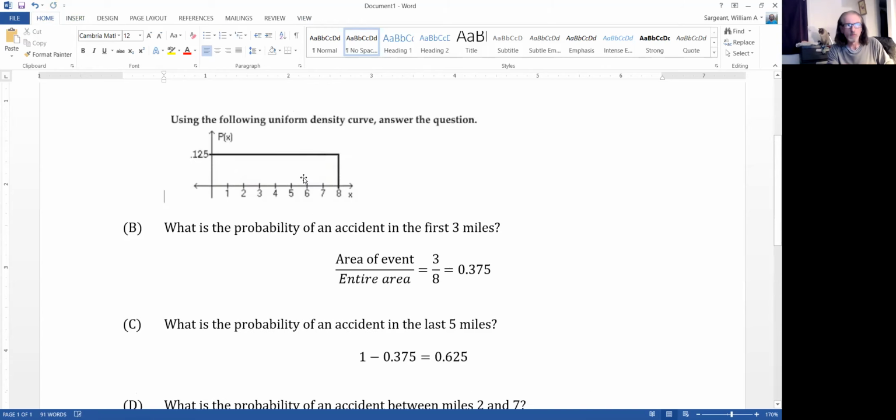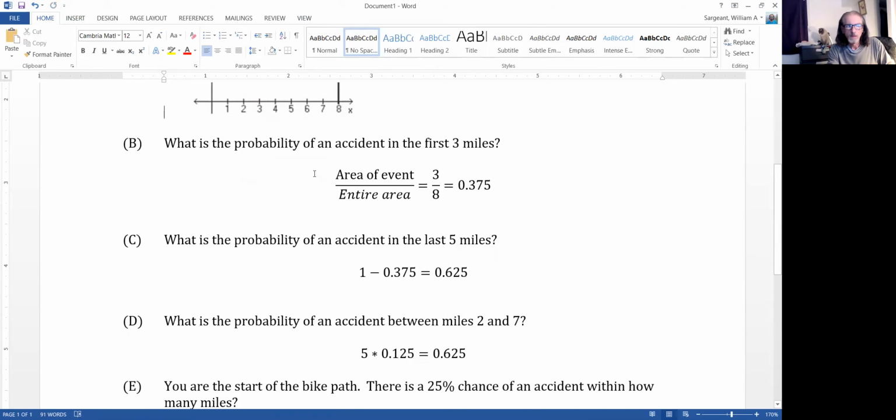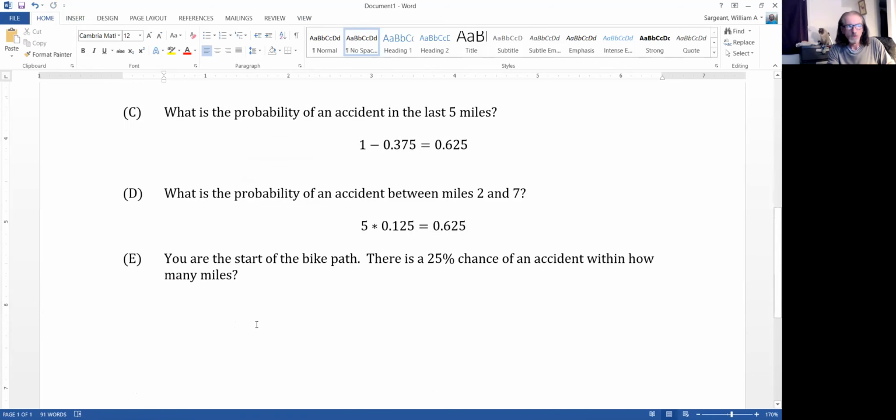We're working backwards. And so what you could do is convert that to a decimal and multiply 0.25 by 8. In other words, that's 1/4 of 8. So that should be 2 miles.